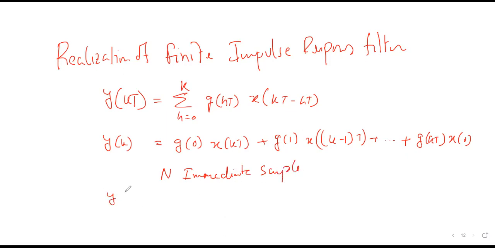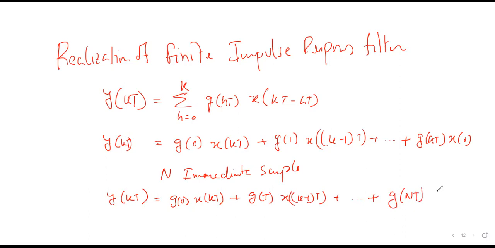So now you can write y(k) as g0 times the present input plus g1 x(k minus 1), and so on up to the nth term, g(n) x(k minus n). We are just truncating some of the inputs so that the processing doesn't get delayed.